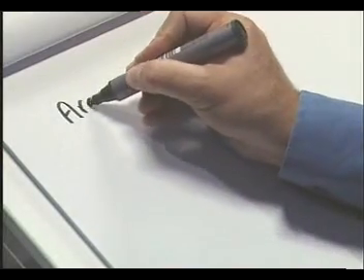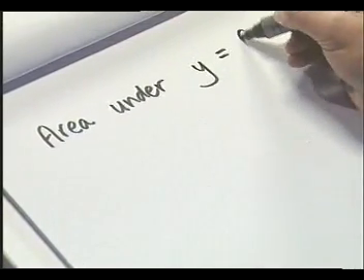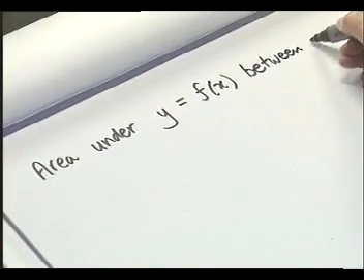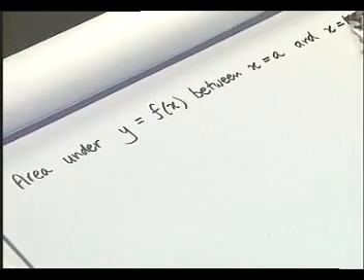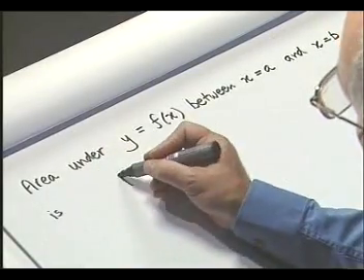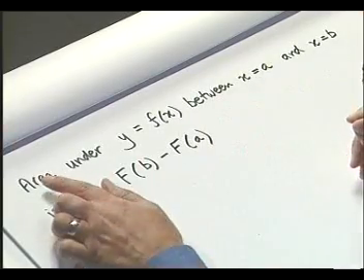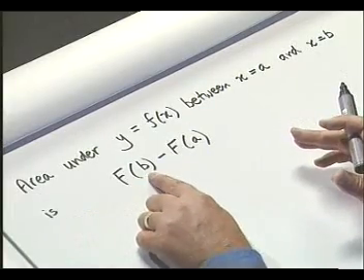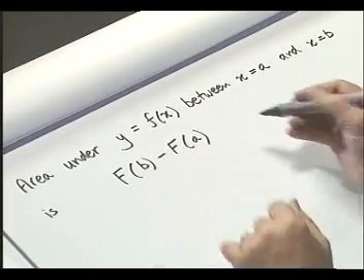Let me just write that down again. The area under y equals f of x between x is A and x is B is given by big F of B minus big F of A, where big F, remember, is an antiderivative of little f.